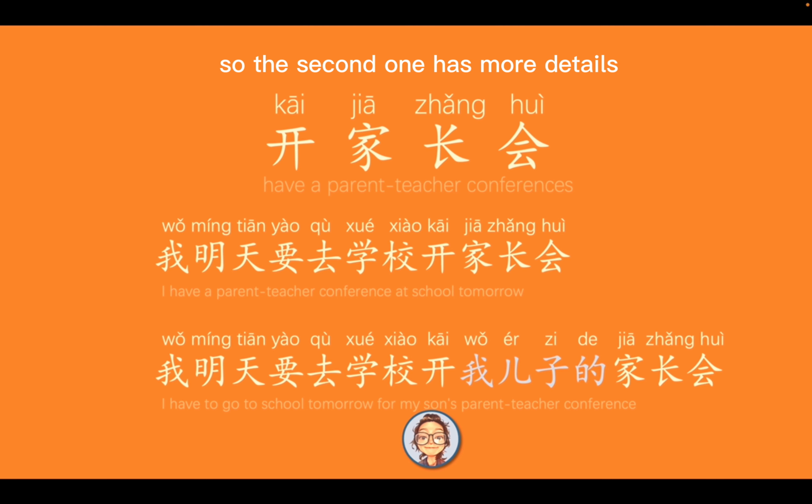The second one has more details, in which this meeting is for my son, which means this one is said by a parent.